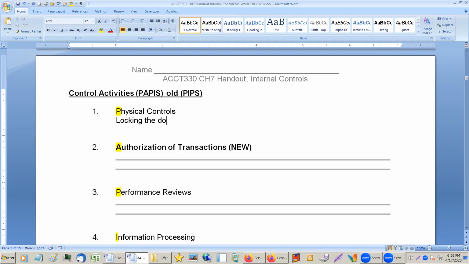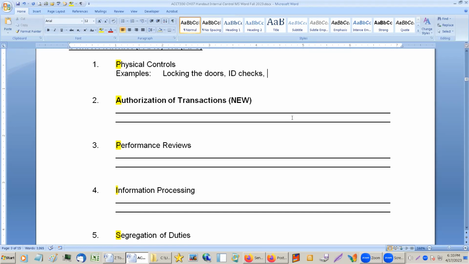These are examples: ID checks, things that are physical that keep you out, gates, cameras, things like that.